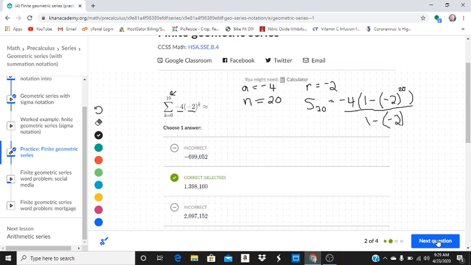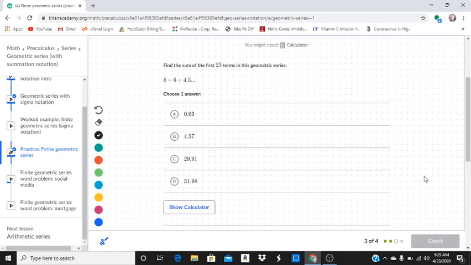The next question. In this one, we're going to find the sum of the first 25 terms in this geometric sequence. So we already have n equals 25. We know the first term in the sequence is 8.